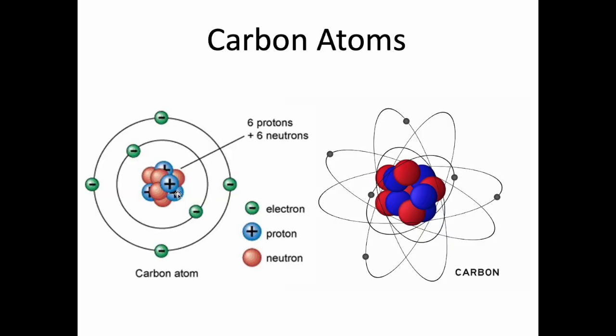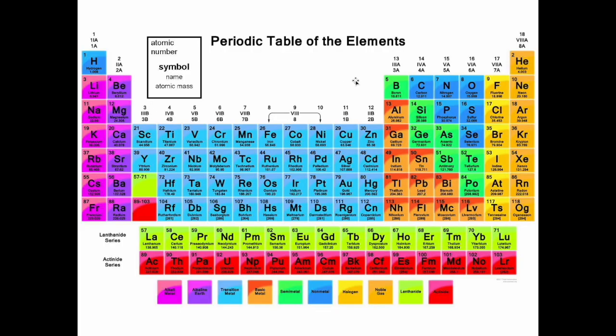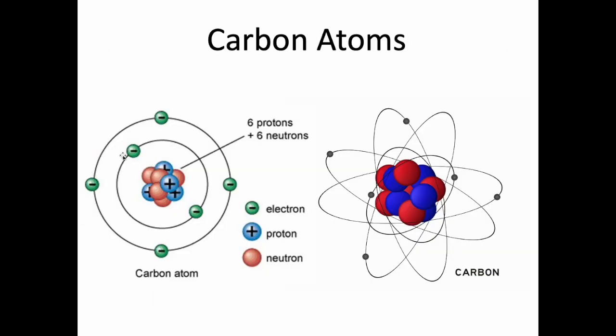I guess it's hard to count the protons here because they're kind of overlapping one another. But we know carbon, based on the periodic table of the elements, boom. These numbers are kind of small to see. There's a 6 here. Carbon has 6 protons, and let's count them: 1, 2, 3, 4, 5, 6 electrons. I'm calling out the electrons and protons because these are the ones that contribute to the charge.